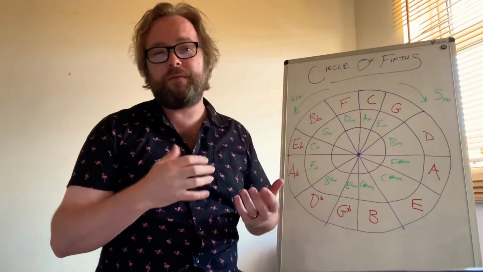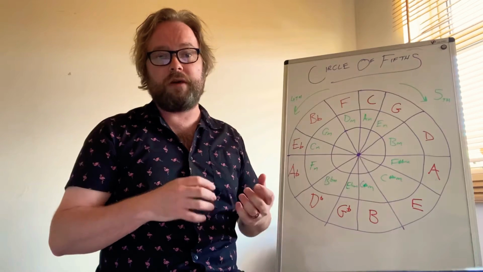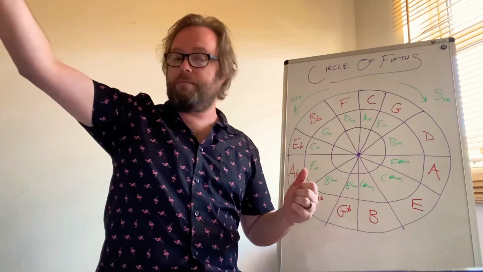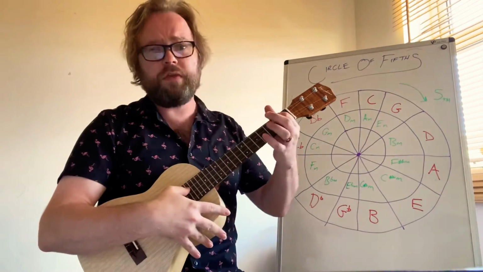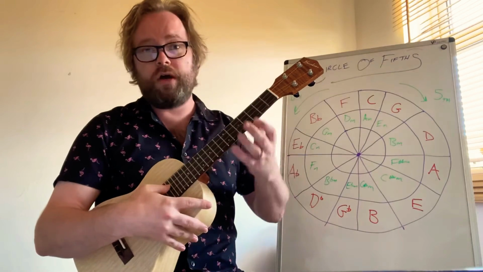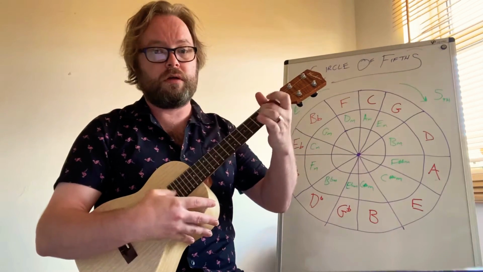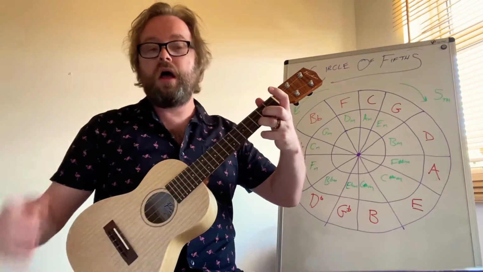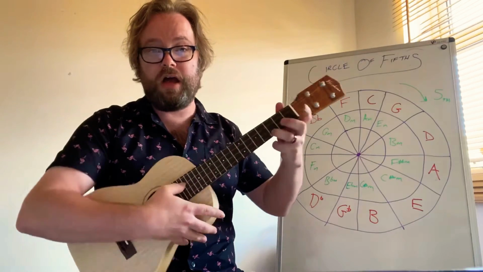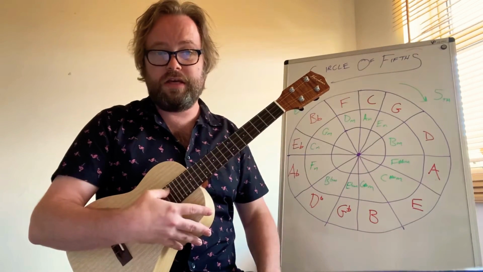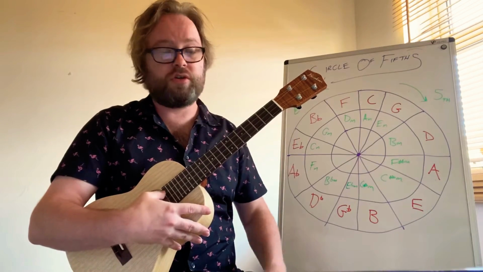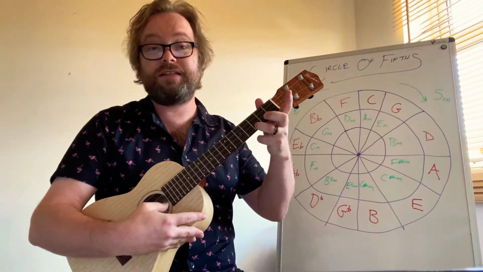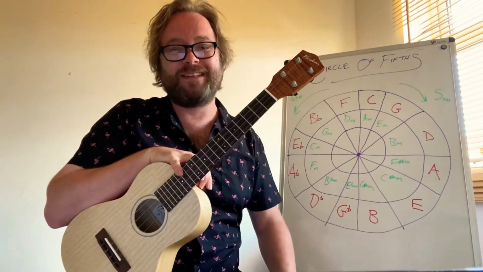Now, the fifth is one of the most important intervals in music theory. The first harmonies that were widely used, going back to the church, were an octave, so from a low C to a high C. And that came about because they had choristers singing low, and then they introduced choir boys, and choir boys couldn't sing this low, so they sang this high instead, and that was one of the first harmonies that were born.